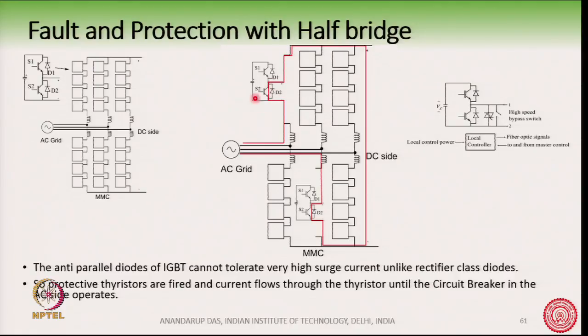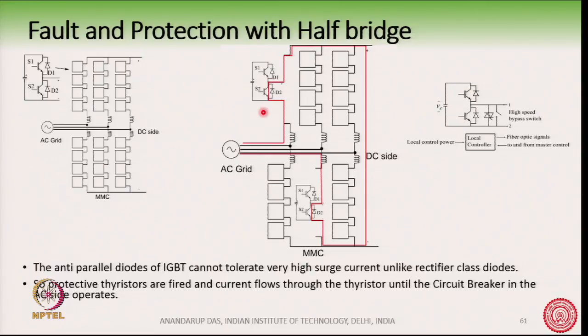These diodes anti-parallel to IGBTs have very good switching performance, that is the turn on and turn off times are very less, but they cannot sustain very high I square T rating, which a rectifier class diode or thyristors can sustain.